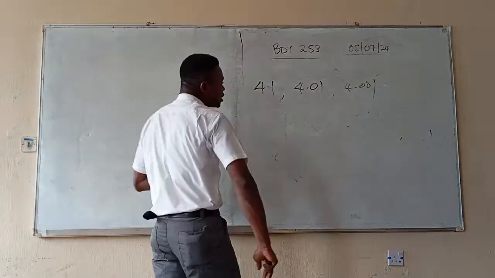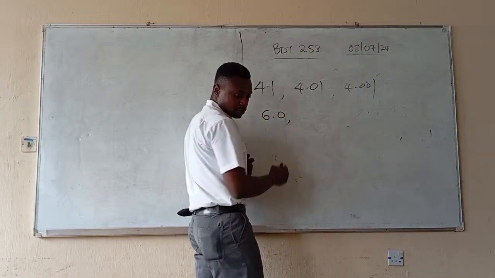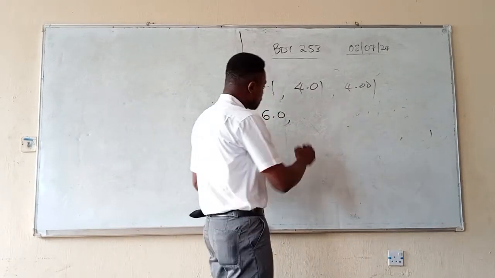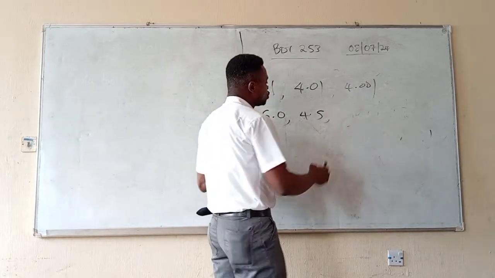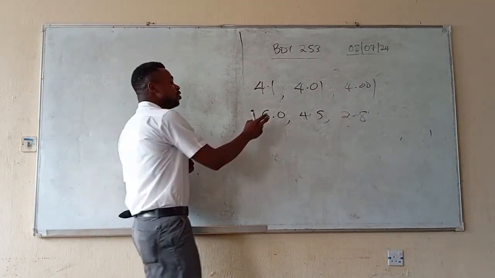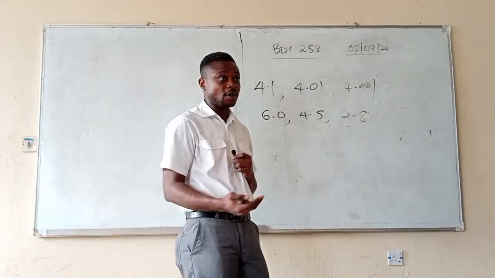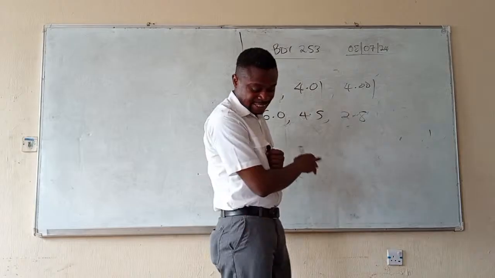All right, let's look at this number. 6.0, 4.5, 2.8. This one is easy because even from the whole number you can know which one is smallest. It's not even a question.